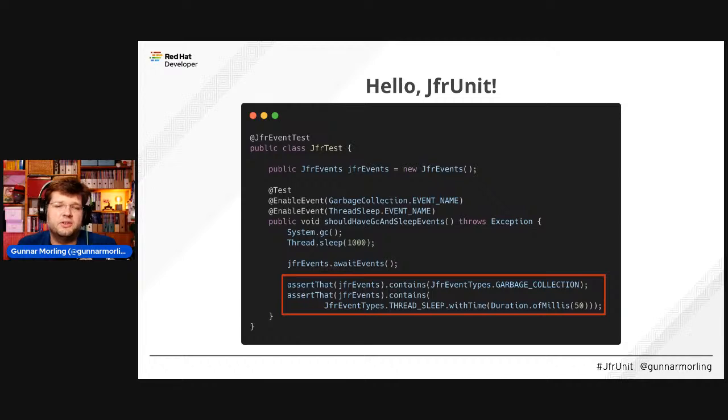So you have constants for all the types. You have type-safe access to those attributes like the time. So all this essentially is part of the JfrUnit API. It is auto-generated from the actual JFR event types which exist in the JDK. And then you don't have to access them in a stringly typed way, but you can access them here in JfrUnit in a type-safe way, which is, I feel, very nice.